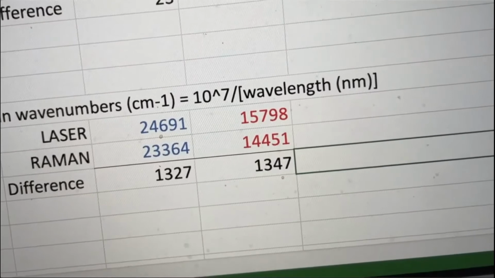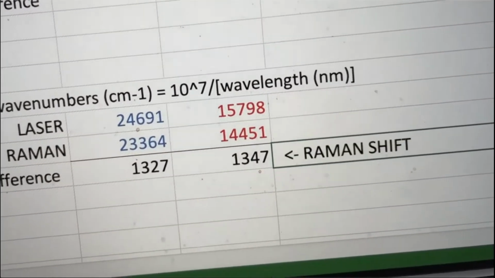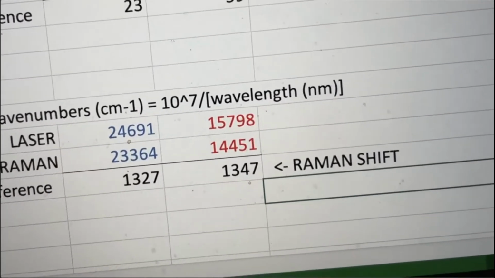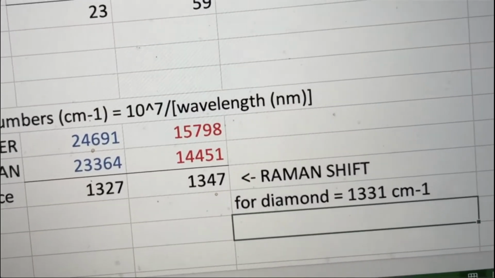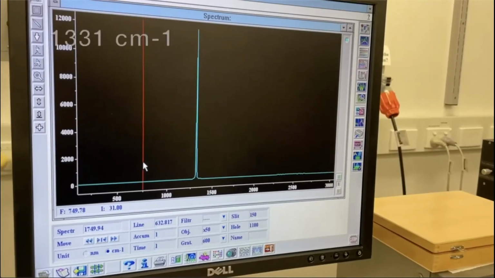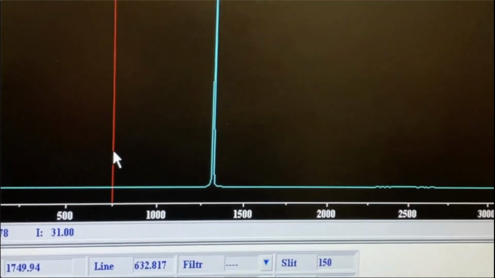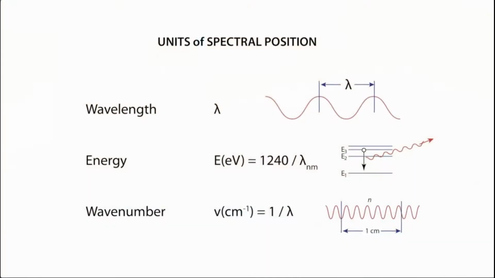This is known as the Raman Shift because the shift is pretty well independent of the laser wavelength. But for diamond, it's supposed to be 1331 centimeters. And if we use the right spectrometer, a high resolution one, and this one set to show Raman Shift, there it is at 1331.